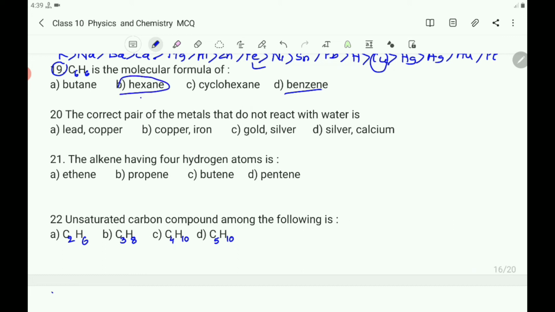Its molecular formula is C6H14. And cyclohexane has the formula C6H12. But butane, with the prefix meth, eth, prop, but, has the molecular formula C4H10. So these three are not the answer. The answer is option D, benzene.